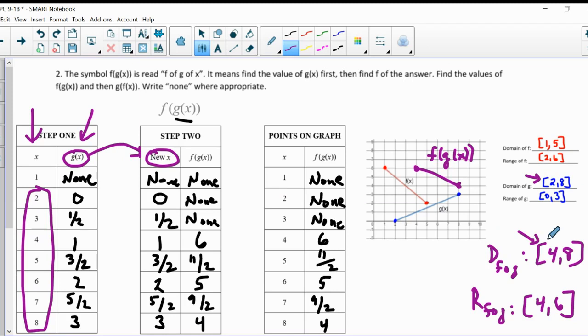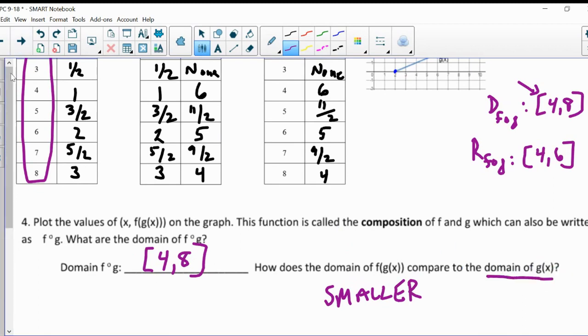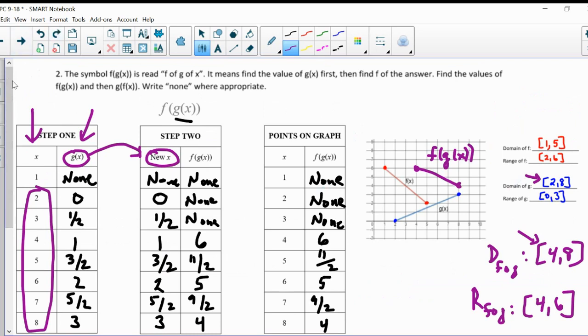But notice it got restricted even more. So we'll talk a little bit more about the restrictions that are happening later. But what we need to notice is that the domain of f of g is 4 to 8, and it is smaller or more restricted than the domain of g of x. So that's something that we're going to keep in mind.